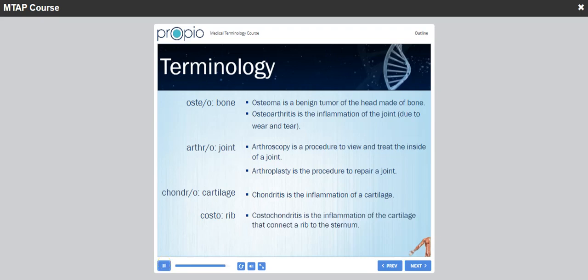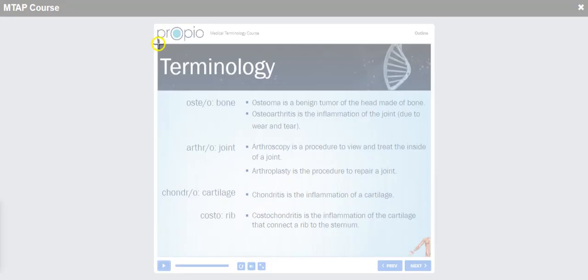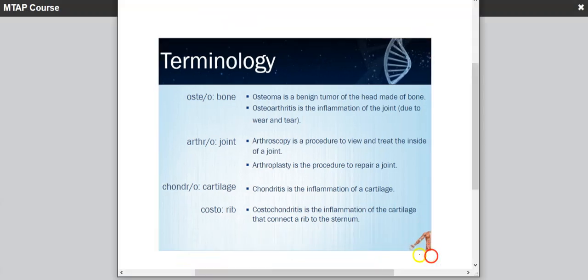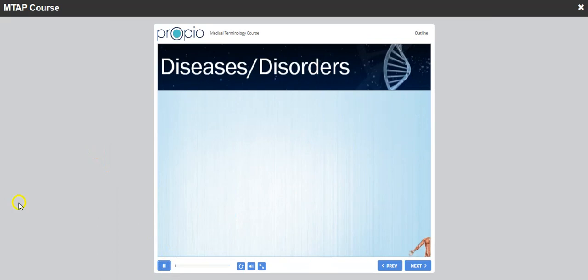Osteoarthritis is an inflammation of the bone due to wear and tear. Rheumatoid arthritis is an inflammatory disease.